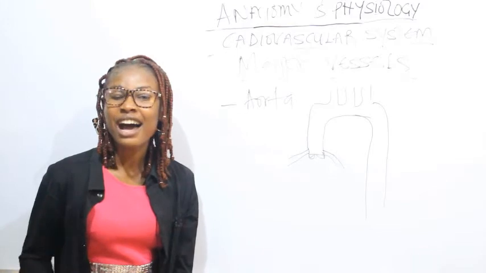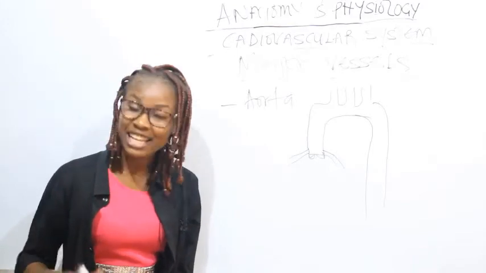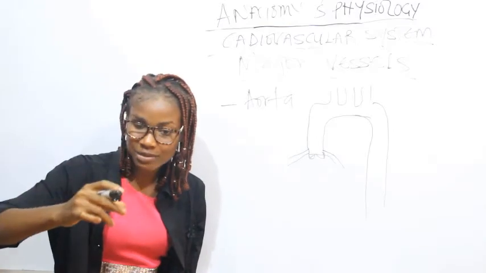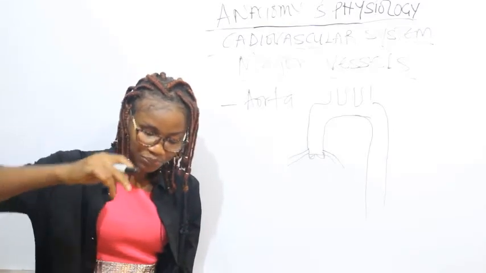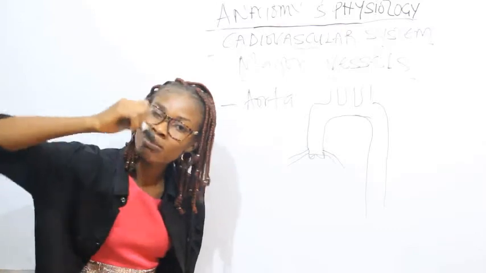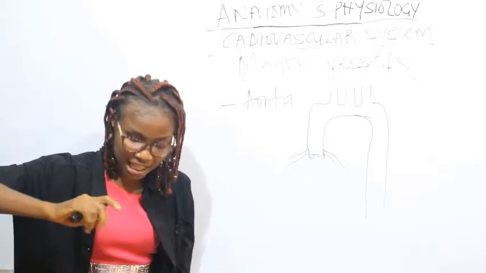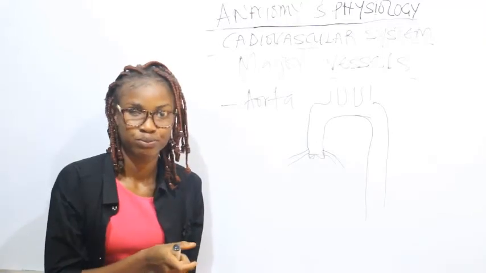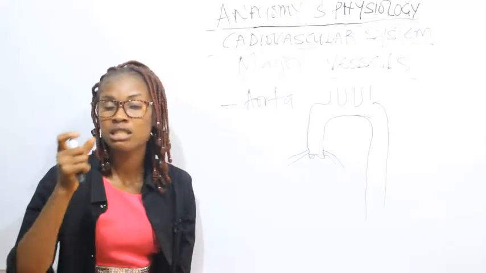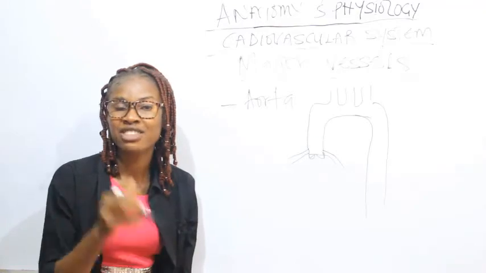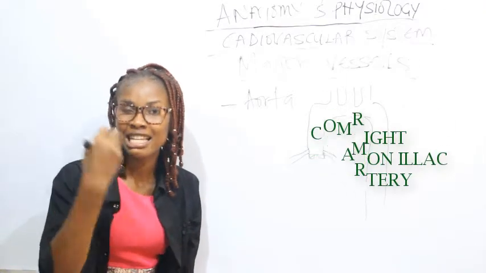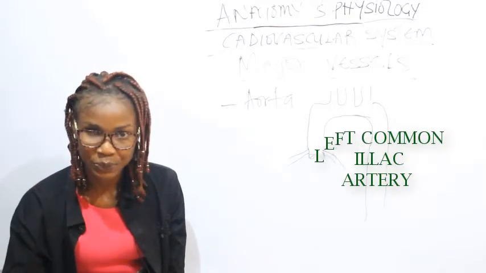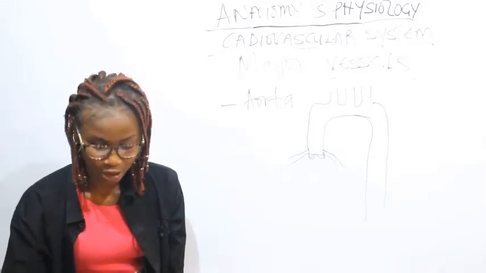Okay, now at the abdominal region, as the abdominal aorta descends, as it comes down, at the fourth lumbar vertebra, it tends to divide into two, where we have the right common iliac artery and the left common iliac artery. We get it.